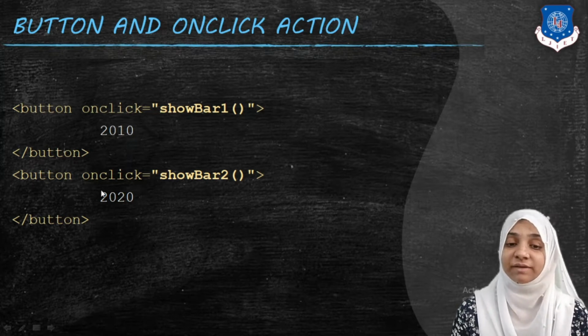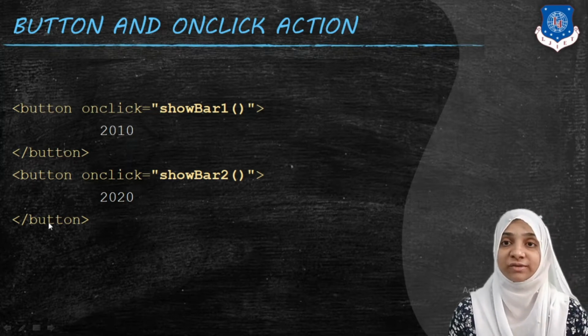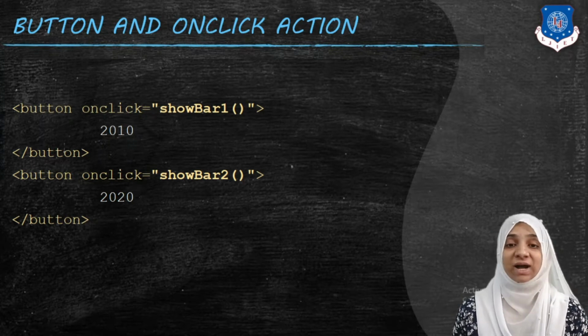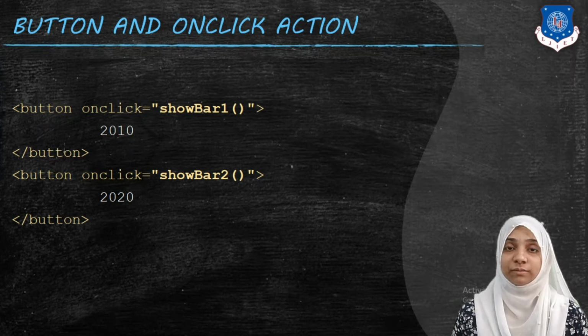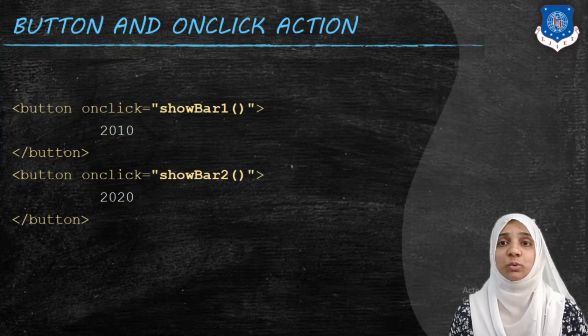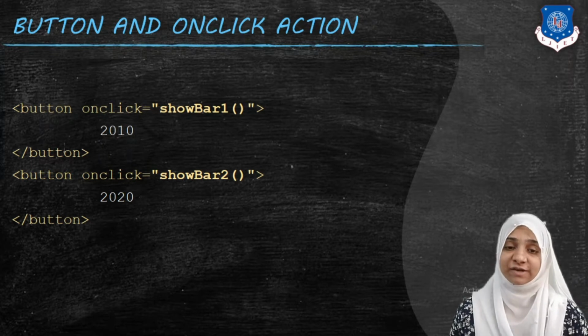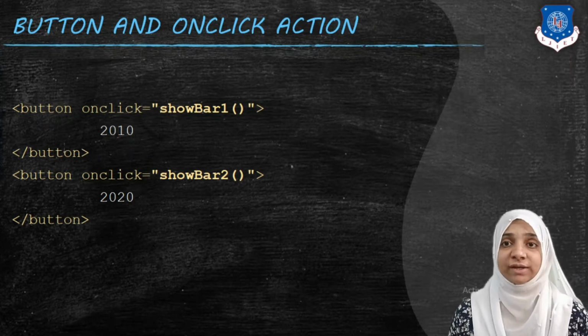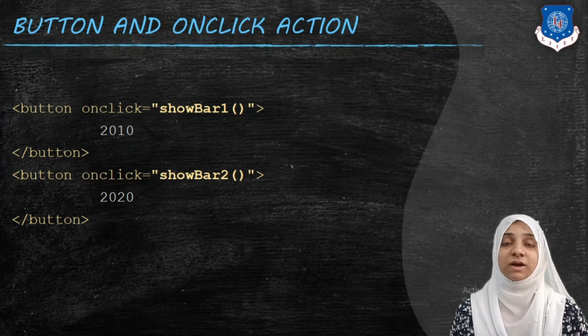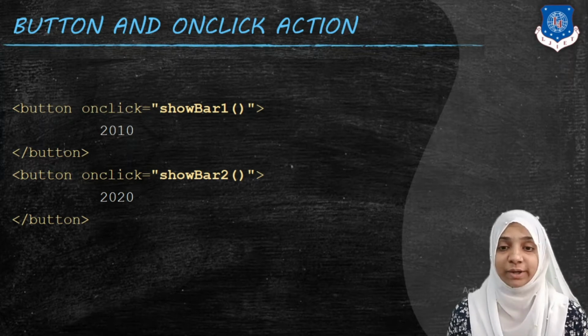Similarly, the second button includes the text 2020. Here we are going to show a bar chart of cities' population. On a click of the first button, it will show the population of some selected cities in the year 2010, and on a click of the second button, the same bar graph updates with the data of 2020.